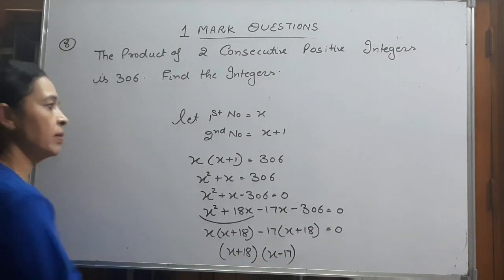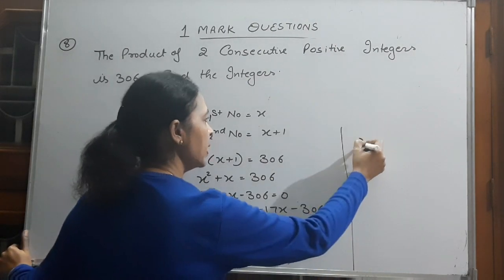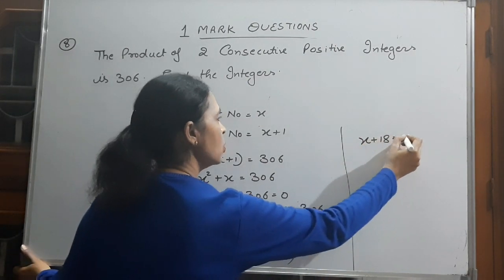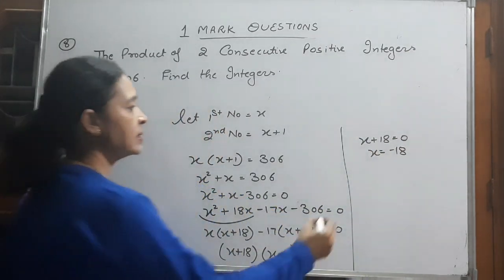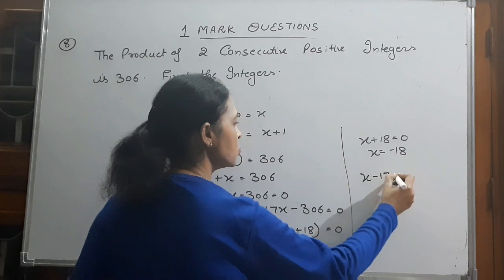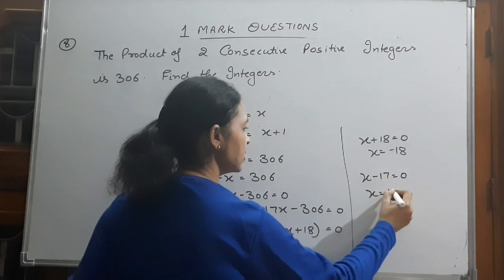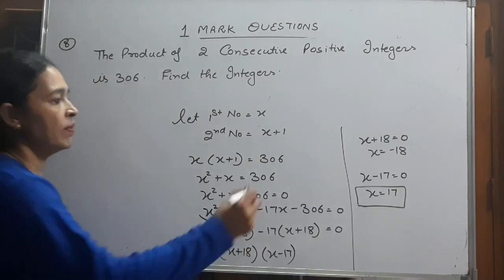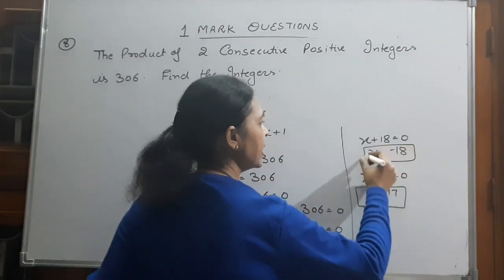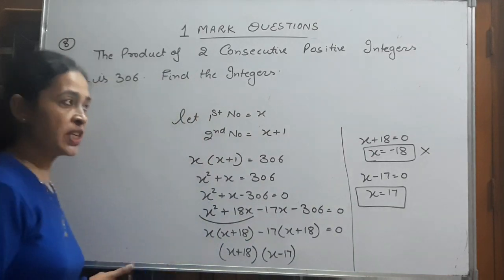What will be the value of x? x plus 18 equals 0, so x equals minus 18. And the other is x minus 17 equals 0, so x equals 17. Now what value of x will we take? We have x equals 17 and x equals minus 18. We will reject minus 18.